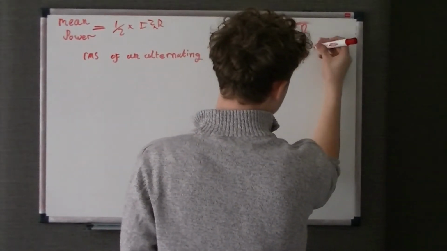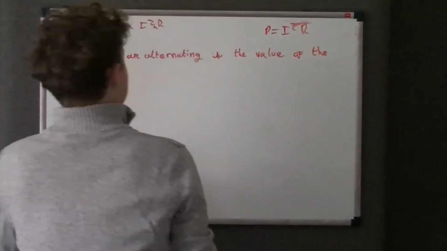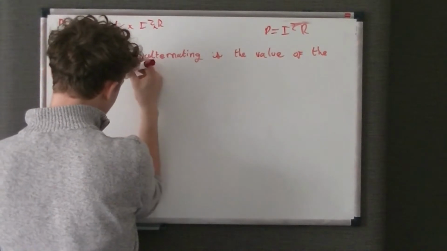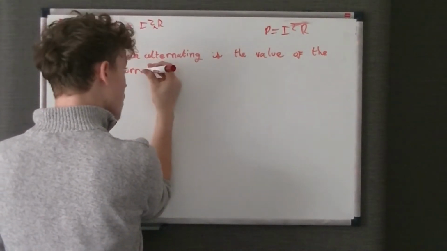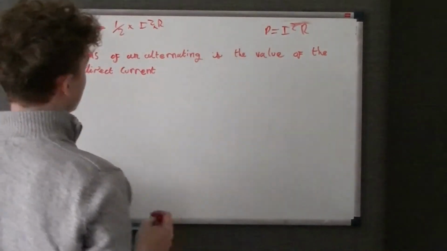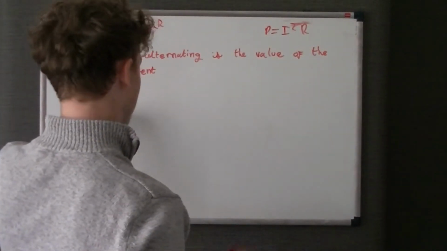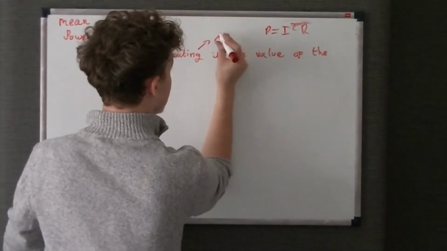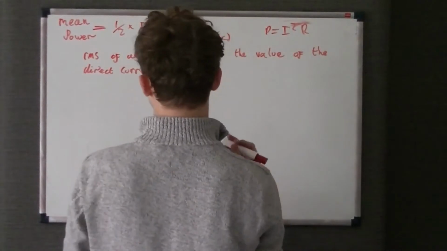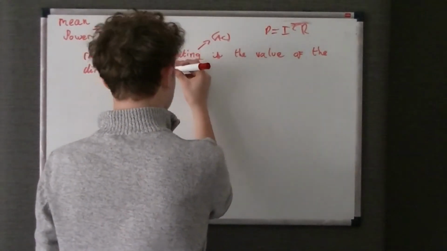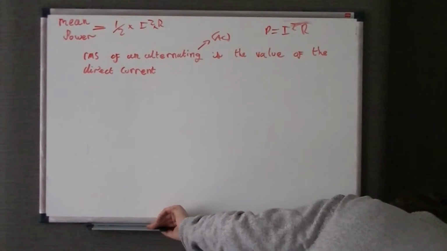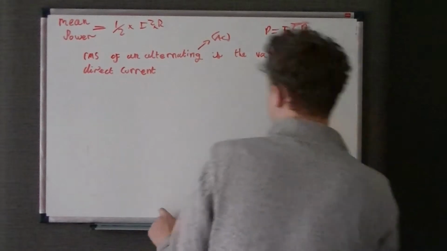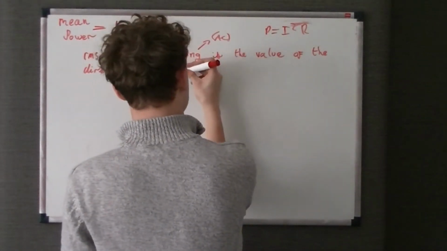of the direct current. So the root mean square value of an alternating current, AC, is the value of the direct current that would give the same heating effect.